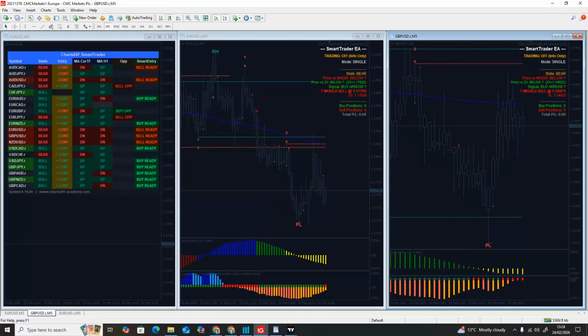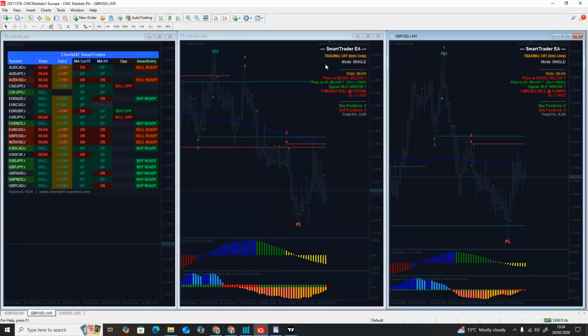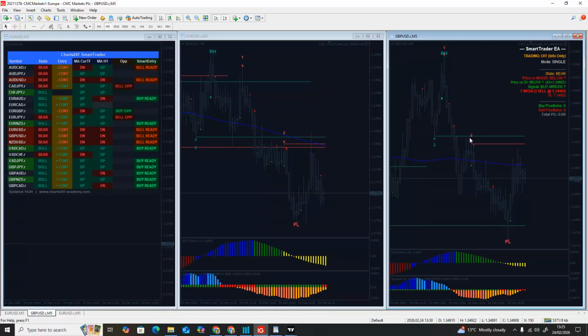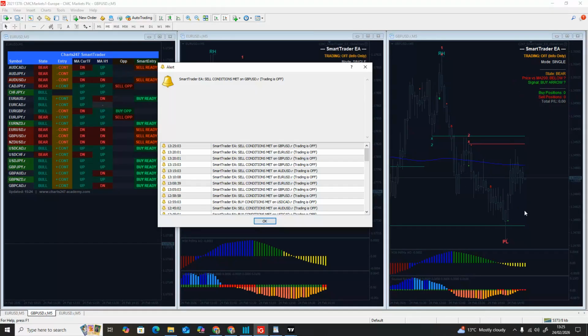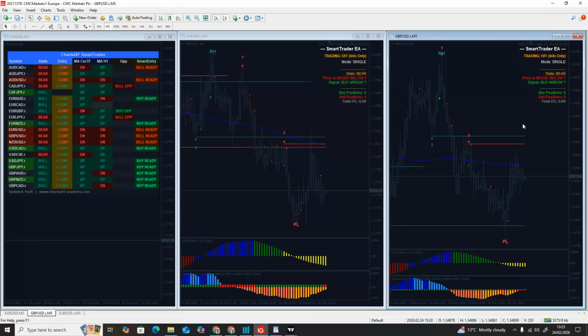See that the pound is holding. Nothing has changed. The pound hasn't touched the invalidation. Pound, yep, sell condition. That's what we're checking.